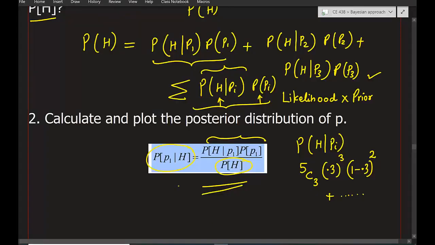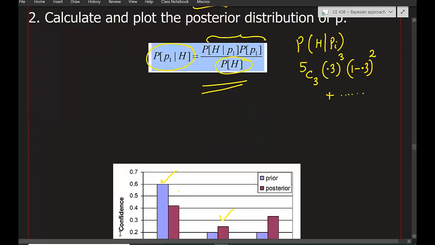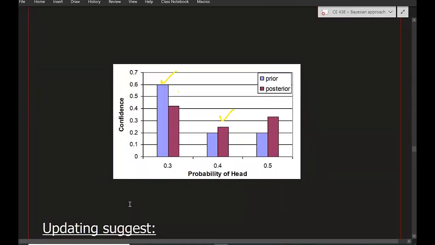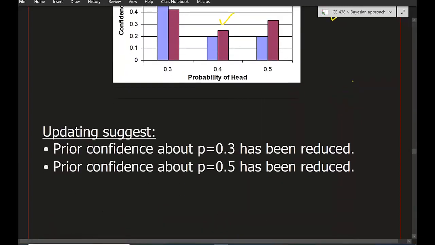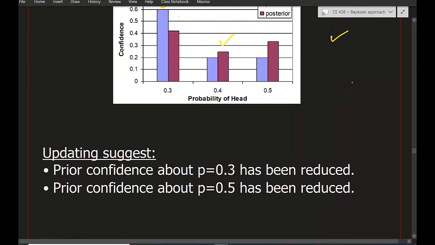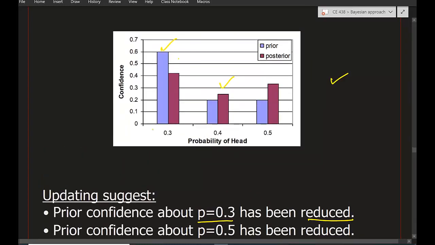If you see this, the same thing is plotted here. This updating procedure suggests that the prior confidence that P was 0.3 has been reduced. The initial value corresponding to P1 equal to 0.3 has a reduced probability.